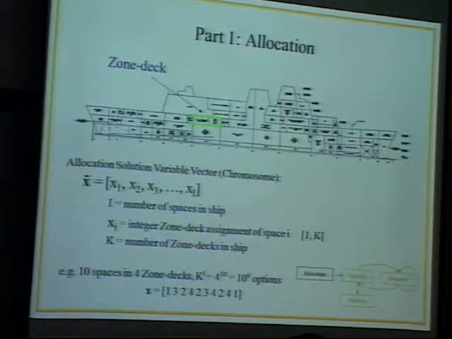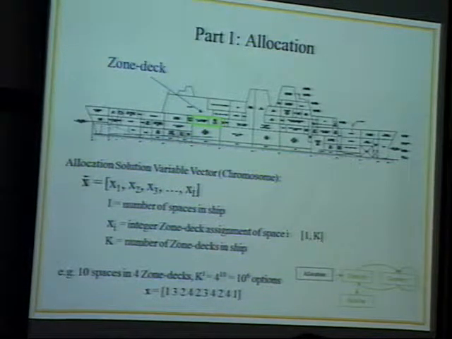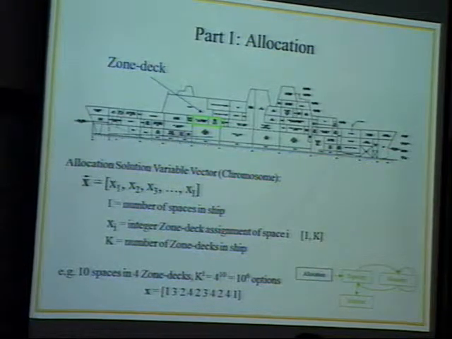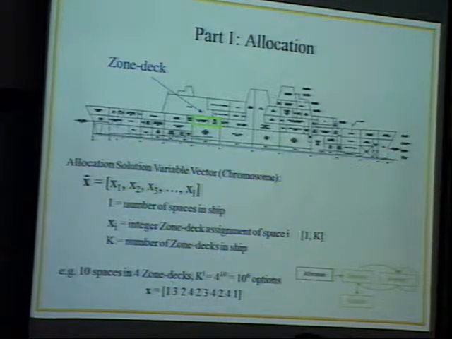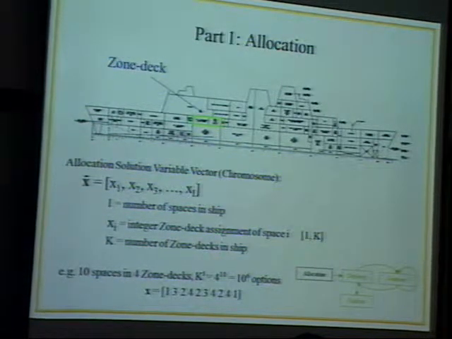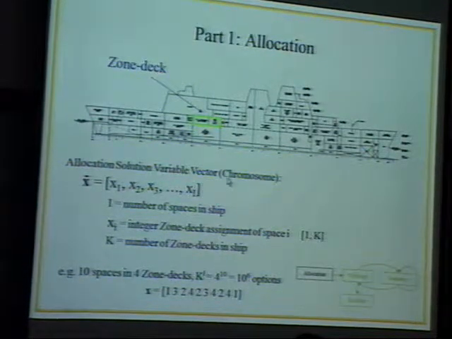So if I say X number 3, which means the location of space number 3. If X number 3 is 2, then space number 3 should be allocated in zone deck number 2. That's the design of the allocation problem chromosome.